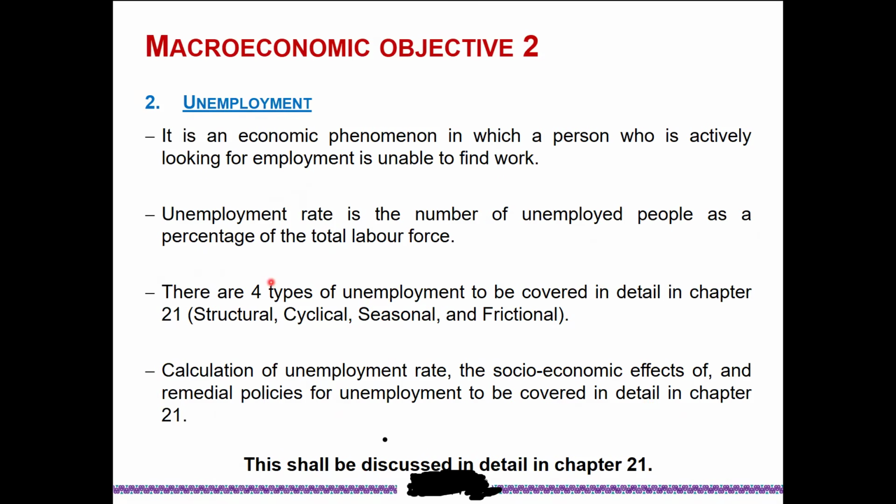And then, okay, unemployment. They're explaining the same thing here. They're saying that it is an economic phenomenon in which a person who is actively looking for employment is unable to find work. The unemployment rate is the number of unemployed people as a percentage of the total labor force.